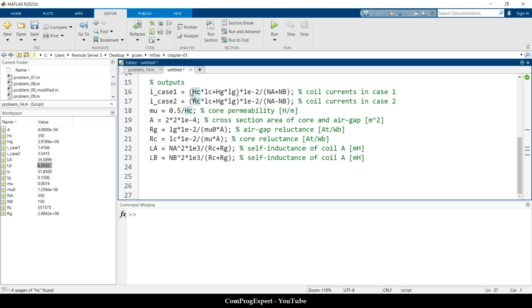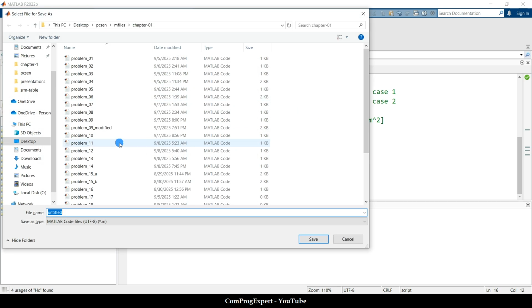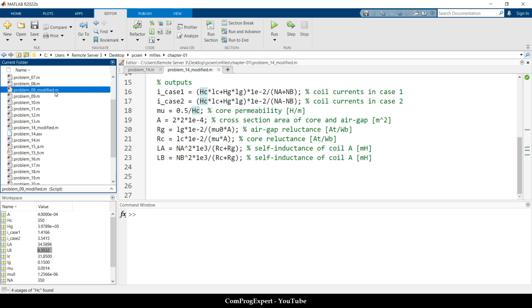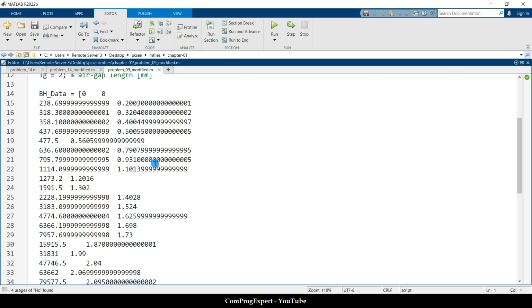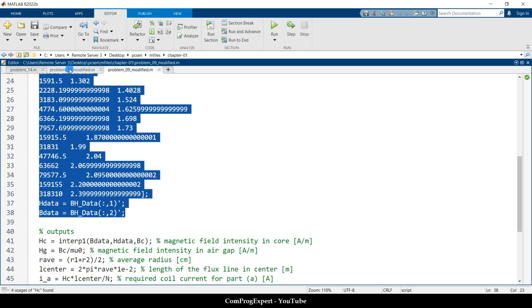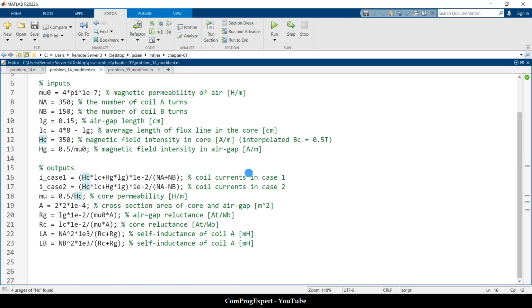So again, I save this as problem 14, modify it like before. So like this one, let's copy the BH data to here.